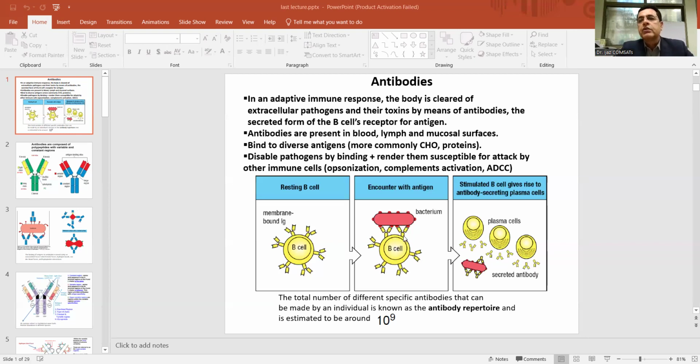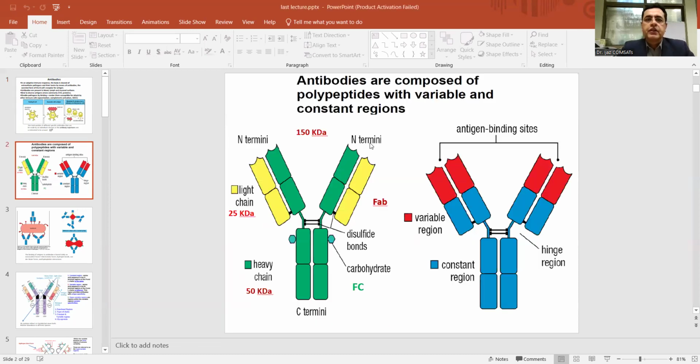So there is a transmembrane domain of this particular B cell receptor here, but the antibody, when it's produced, does not have that transmembrane domain which would anchor it or keep it attached to the B cell. This happens due to some alternative splicing of the genes responsible for coding these antibodies, which we would discuss later. And first, let's discuss the structure briefly.